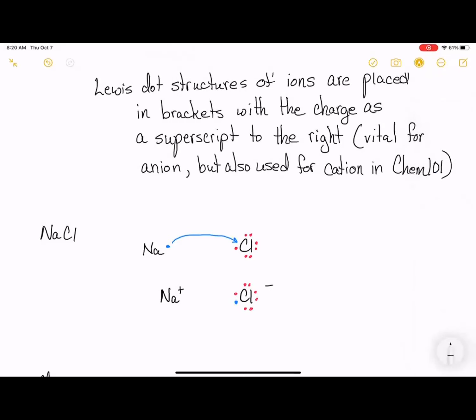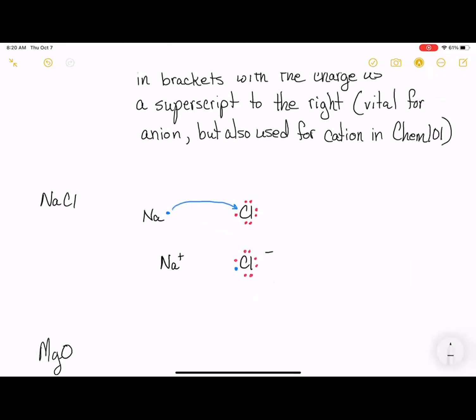Now, when these are in close proximity, the way we would write this is Na plus, open brackets, Cl, close brackets with a negative charge. Or for Chem 101, it would be written as Na with a plus charge, Cl with its minus charge.